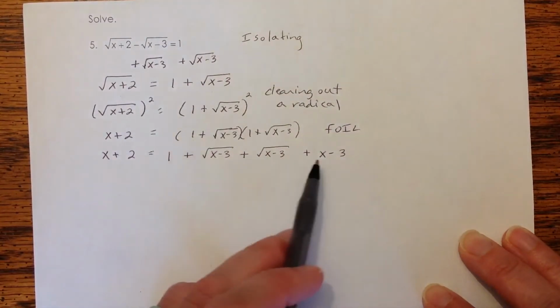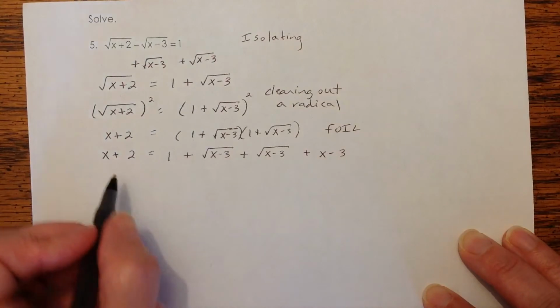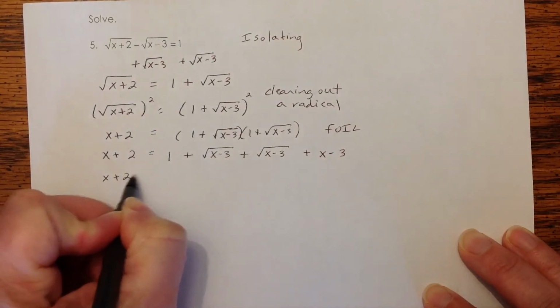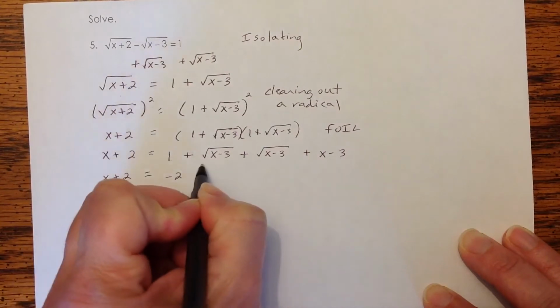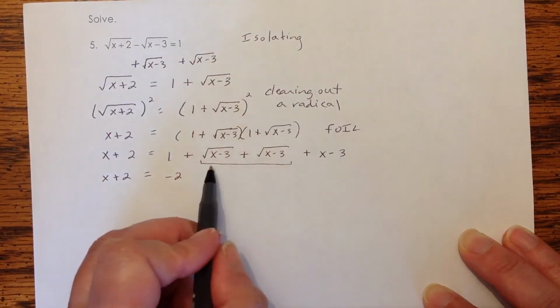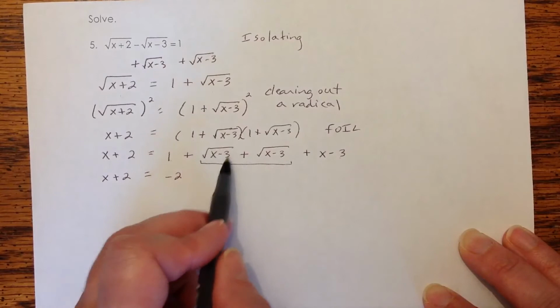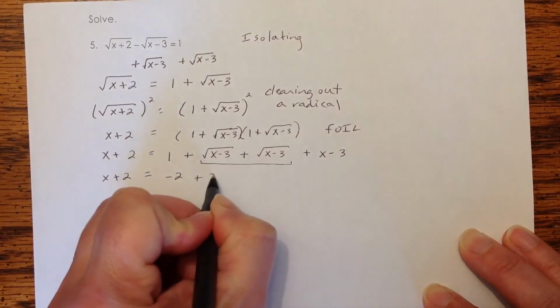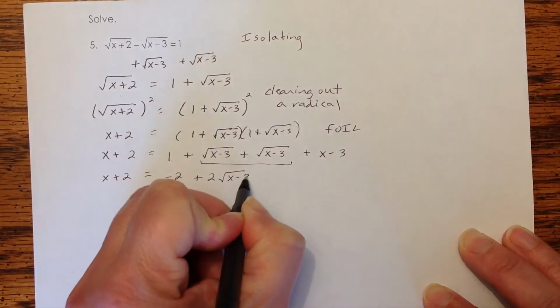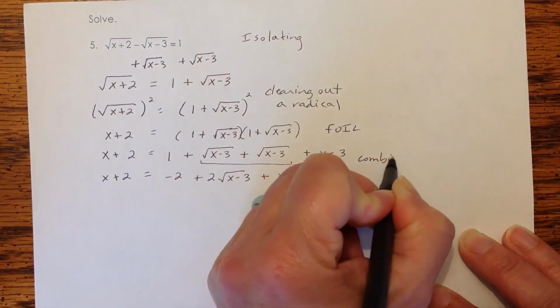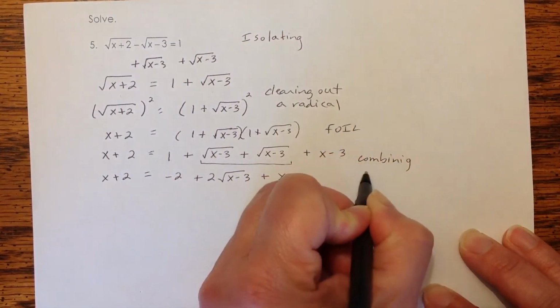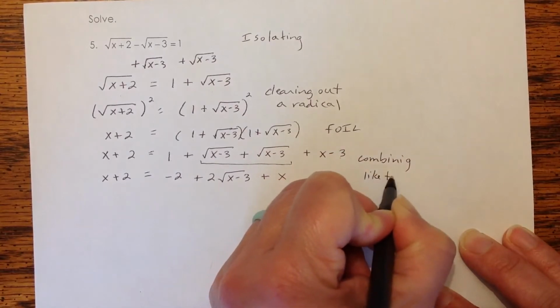Now, over here I have some like terms that could be combined together. So I'm going to do x plus 2 equals 1 minus 3 is negative 2. There's a 1 coefficient here, so 1 plus 1 is 2. Square roots of x minus 3 plus x. So I am combining like terms.